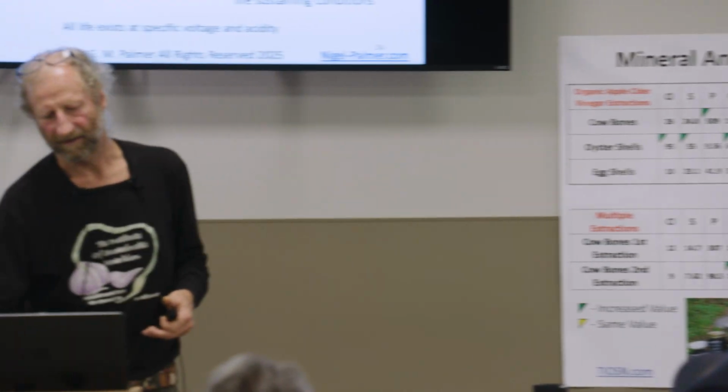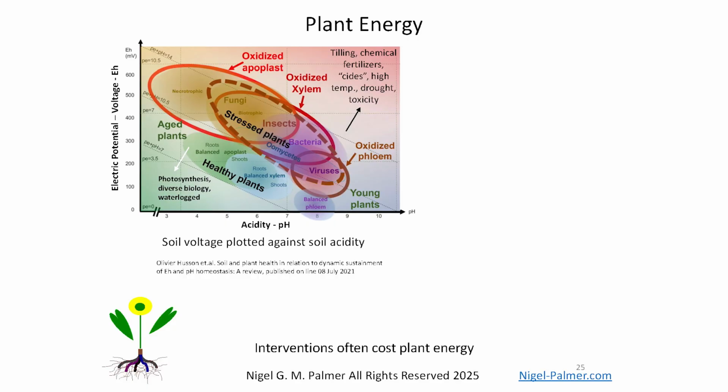So the next thing is to recognize that when we do things to our soils, we are affecting this voltage and acidity. And oxidation is moving us up and to the right.